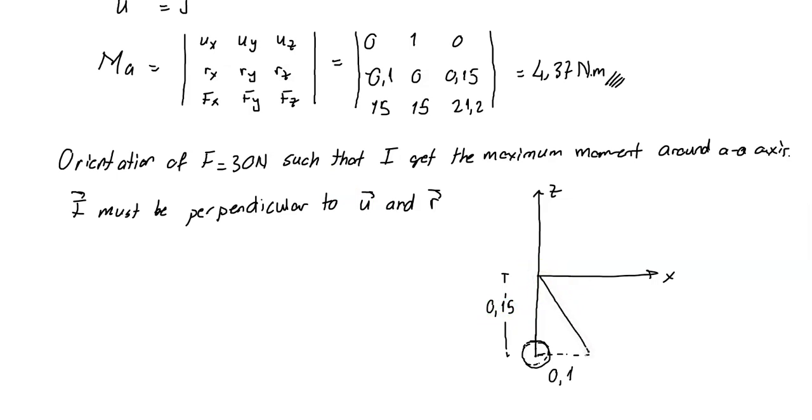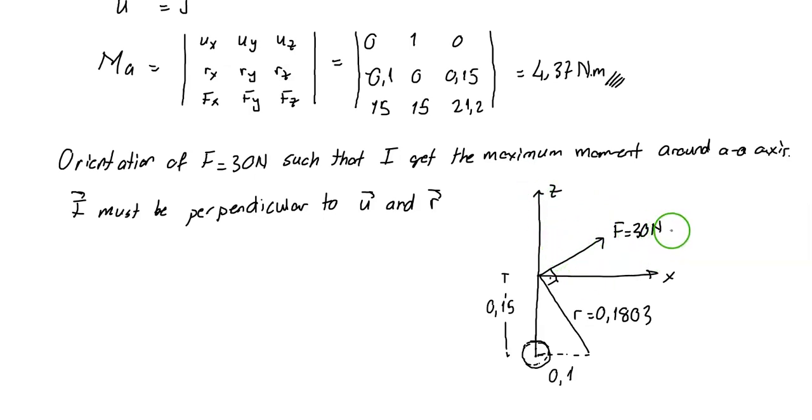So that's my r, and the magnitude or length of that r is like the hypotenuse of this right angle triangle, so that is 0.1803. So my force vector, F equals 30 Newton, should be perpendicular to that, and also perpendicular to my y-axis.